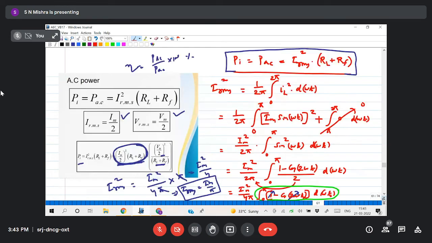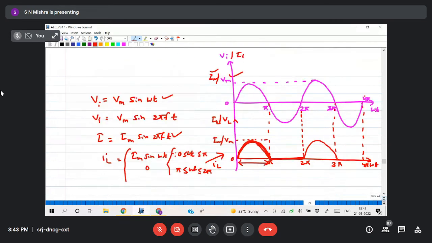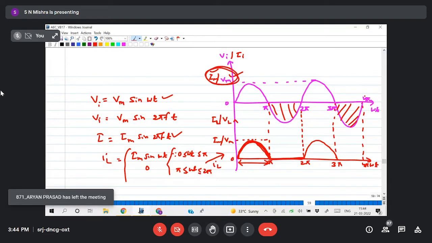As we have discussed from the graph, you can see this entire half cycle is cut. So if the entire waveform is 100%, we are getting less than 50%, that is 40.6. This is the maximum efficiency, and we are considering there is no drop. Whatever Vm I give here, I get Vm, with no drop across the diode.